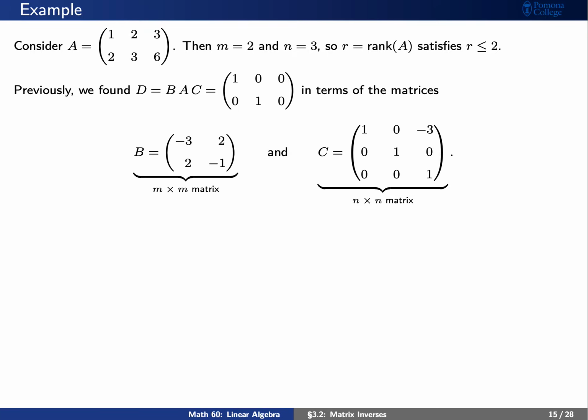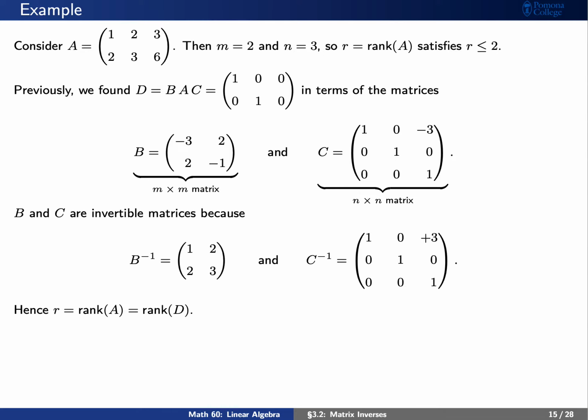Previously, we found a matrix D, which is B times A times C, in terms of matrices B and C that you see here on your screen. Notice that B is an m by m matrix, where m is 2, and C is an n by n matrix, where n is 3. Both B and C are invertible matrices because we can explicitly write their inverses, as you see here on the screen.